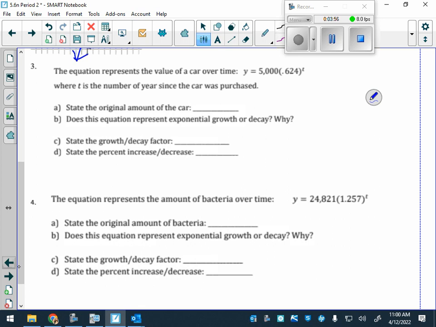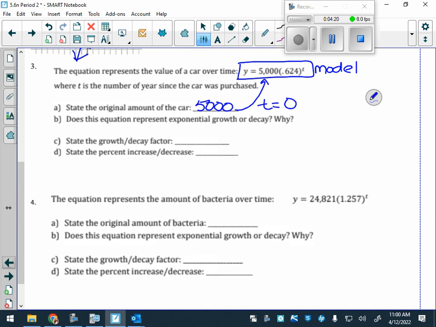Anytime it says model, okay, if it's asking for an exponential growth or decay model, it's going to be your equation you're working with. Okay, so state the original amount of the car. Gavin, 5,000. Okay, 5,000 is typically that first number.